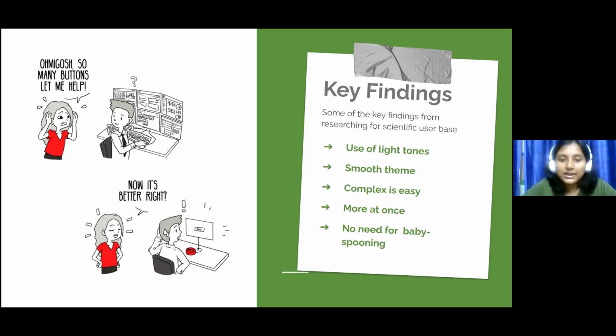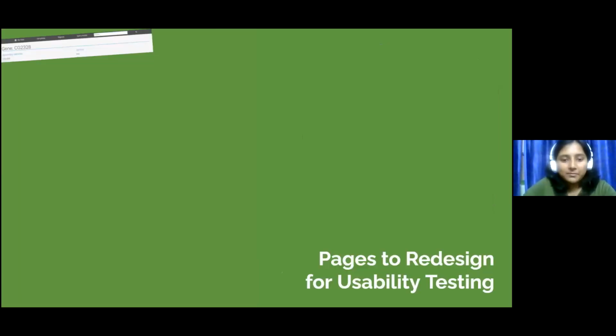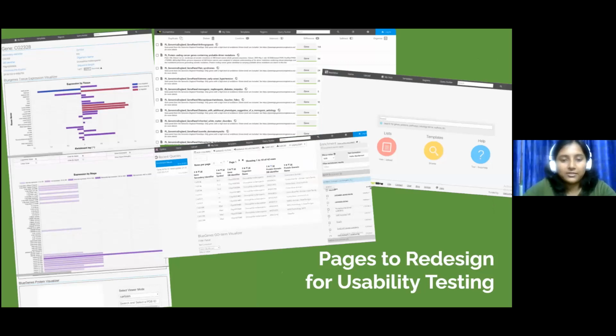The astonishing thing that I found was that simple is not always better, especially dumbing down tools for complexity experts. It might prove to be kind of risky. So I started with these pages, that is results pages, home screen, and report pages, which were marked as priority by my mentors.